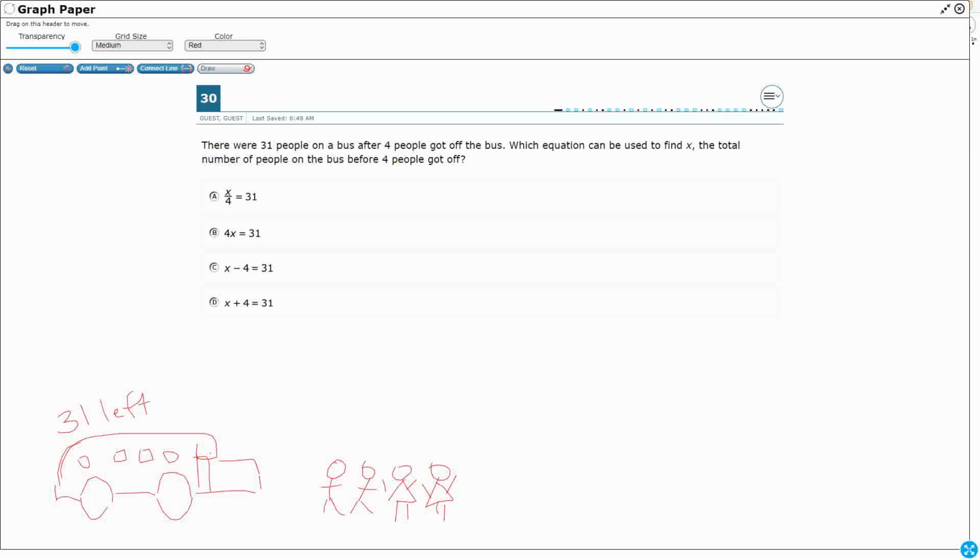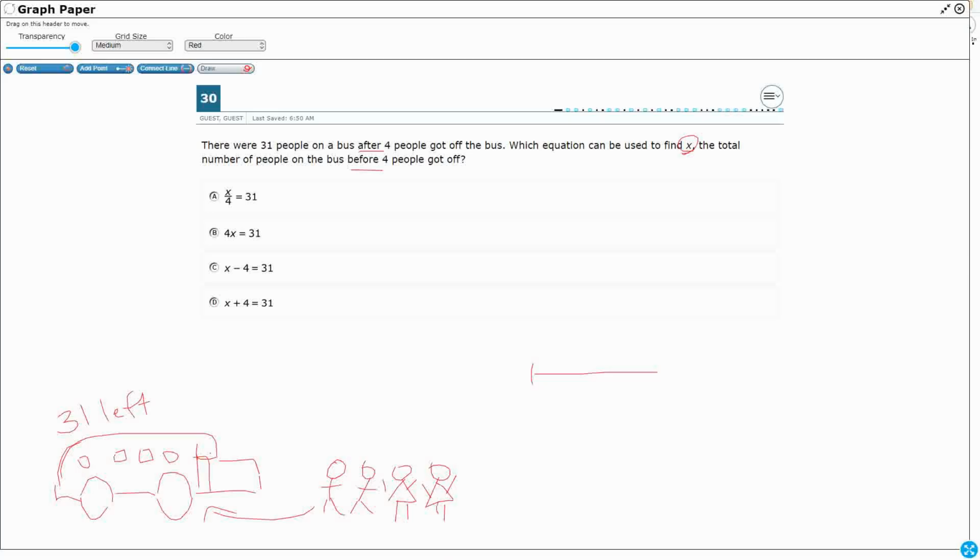Which equation can be used to find x, the total number of people on the bus before? Okay, so our keywords are after and before. So if these 4 people, if we were to turn back the time and have these people come back onto the bus, right? Well, then it looks like we would be able to represent that here.